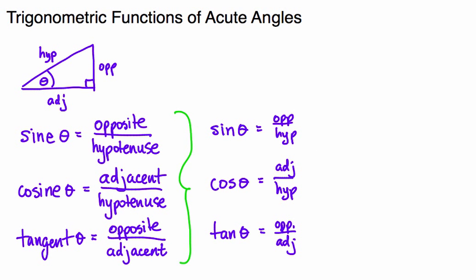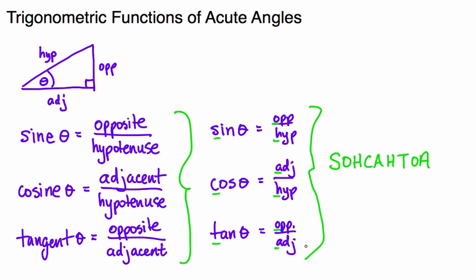And these can be shortened yet again another step to SOHCAHTOA. And hopefully you've heard of SOHCAHTOA, the sine opposite hypotenuse, cosine adjacent hypotenuse, and tan opposite over adjacent.